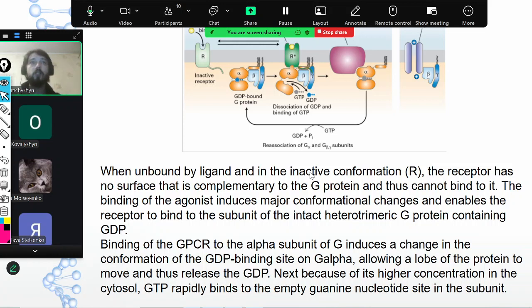And here I have a tricky question for you. Why do we activate the alpha subunit by exchanging GDP for GTP? That looks a little bit tedious. You need to release GDP, and you should wait until you get some fresh molecule of GTP to bind and make that alpha subunit activated, and then do whatever I will show you.